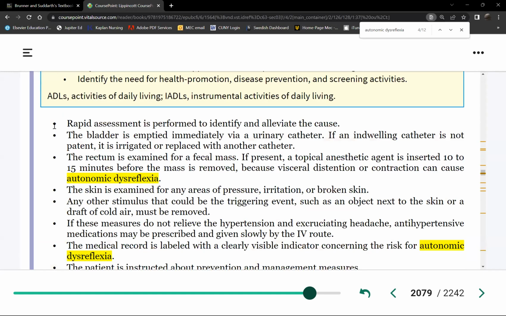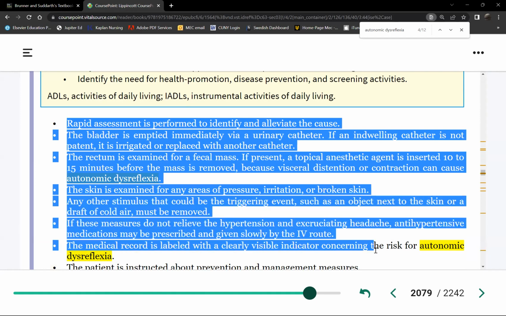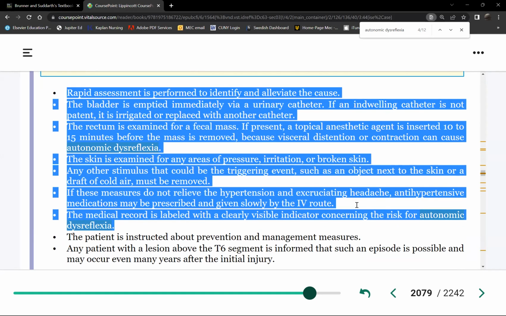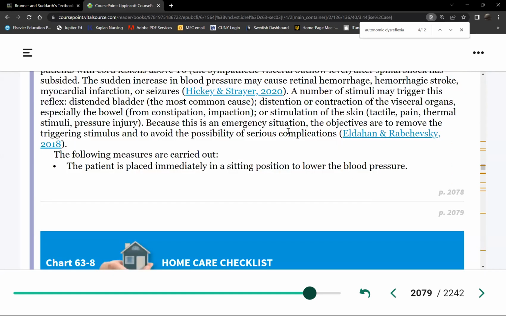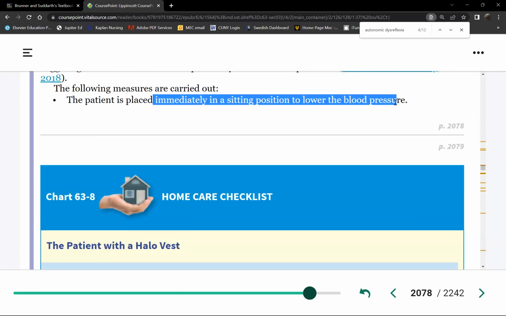Then you inspect for what's causing the stimuli, and look for the others. But what's missing here? What's the very first action? Because this is an emergency. Call rapid response, then sit the patient up, and then look for your triggers.